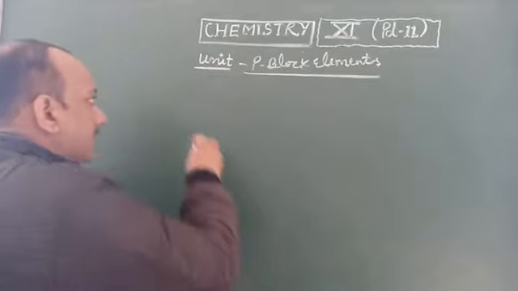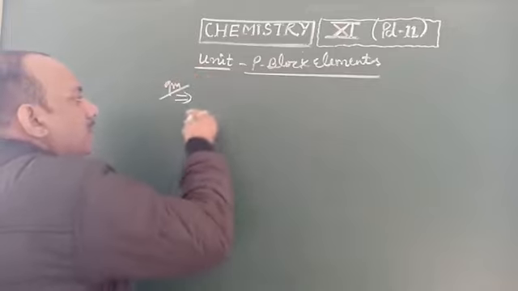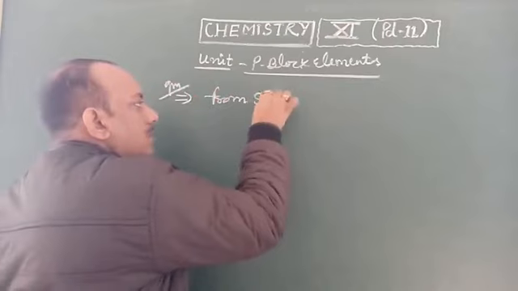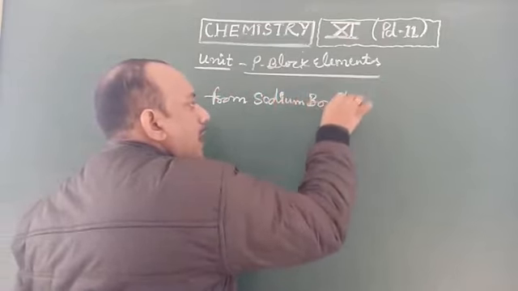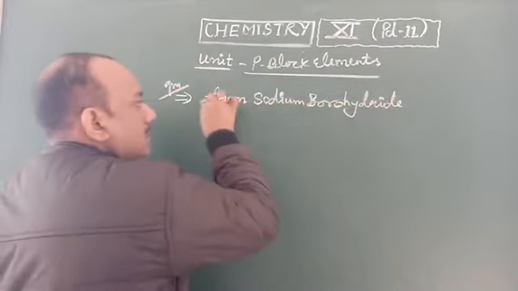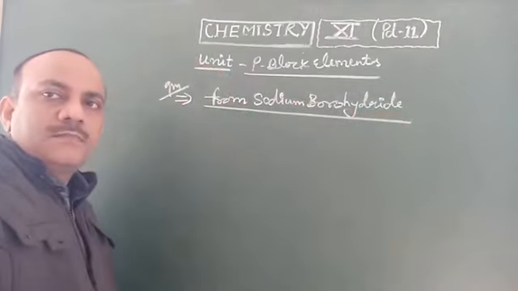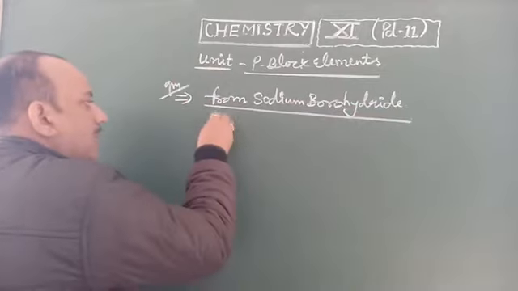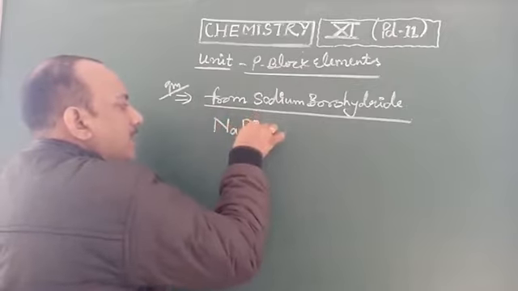Now another most important method is from sodium borohydride. The formula of sodium borohydride is NaBH4.